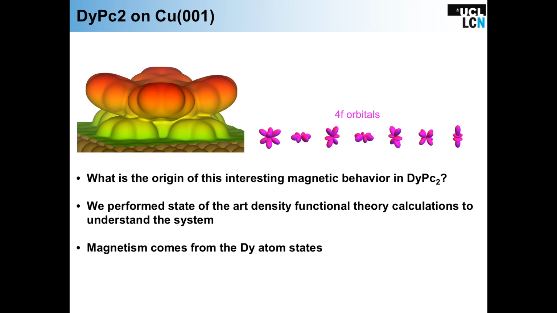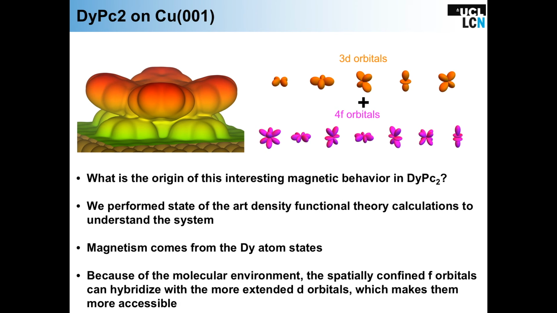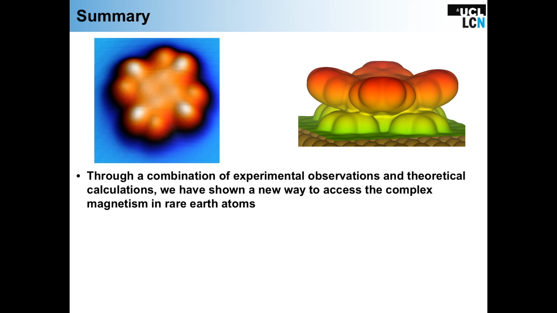And even more interestingly, although we would normally think that the magnetism comes just from the 4f orbitals, in this particular case, because the dysprosium is sitting inside the double-decker phthalocyanine molecule, the 4f orbitals can actually hybridize with the 3d orbitals and form a new hybrid orbital state. And those orbitals, it turns out, are actually more delocalized than the orbitals by themselves, and that makes it easier to access them electrically. And that's true even if the molecule is isolated and not just sitting on the surface.